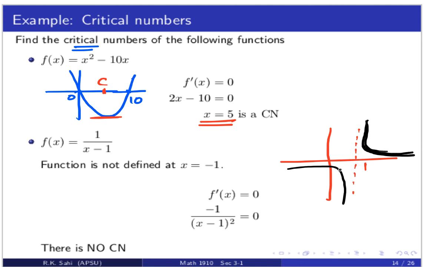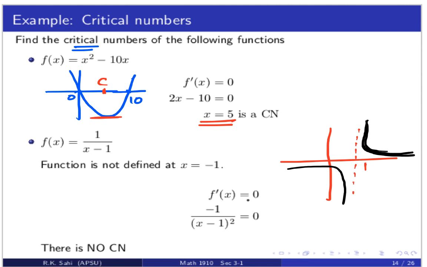So what we notice, to find the critical numbers, first of all, the function has to be defined. So the function definitely is not defined at x equal to 1. The other thing is, do we have smooth little hills and valleys? When you look at the graph, we don't see that, but let's do it analytically too.